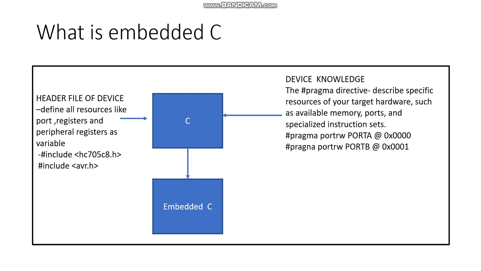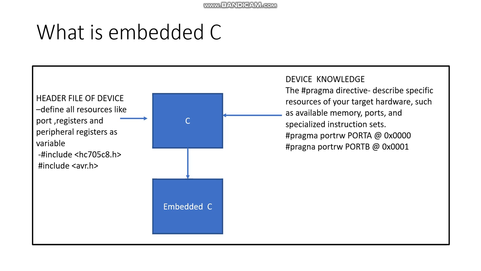We can define a number of header files about the devices, their internal architecture, and their internal resources like number of ports, registers and peripherals, etc. Those registers and all other resources are defined in the header file as variables. This kind of variable definition in the header file allows the C programmer to utilize those resources in their program just as they use a normal variable.